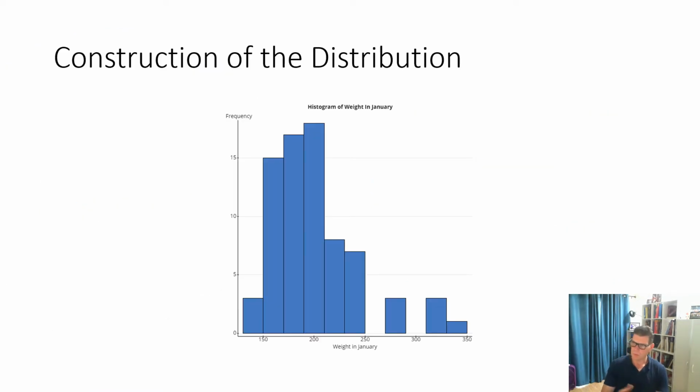So here's the construction of our distribution. On one end, you can see that we've got about 125 as the lowest value, and the top end value is 350. And so right smack dab in the middle is around 250, or actually it should probably be about 225 or 235, and that's our mid-range.